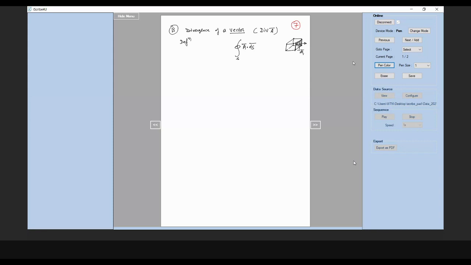Then let's say the top surface is there, this is ds2, and this is now front, let's say this is ds3. So in all, it would be computed on all the six surfaces which are enclosing the given volume.